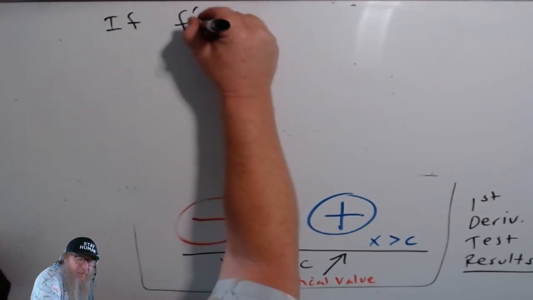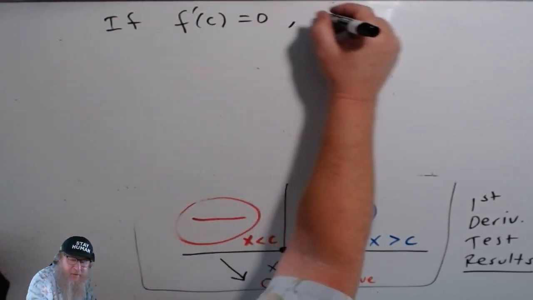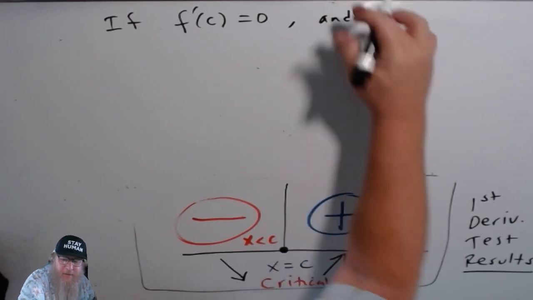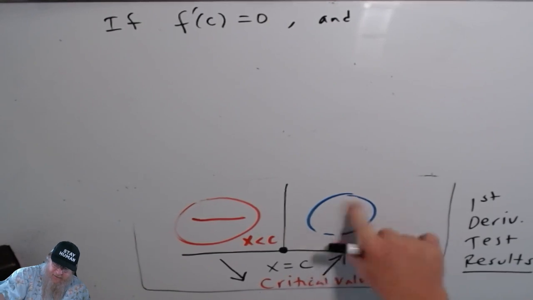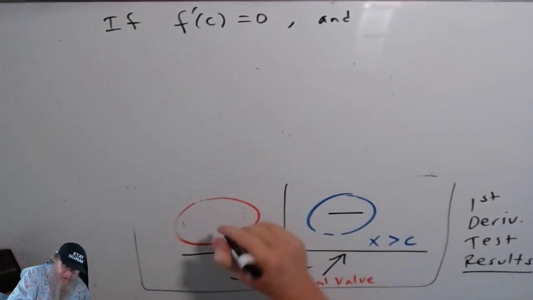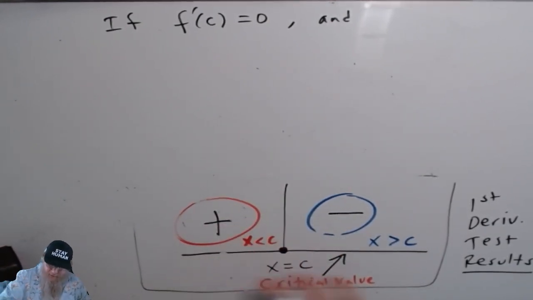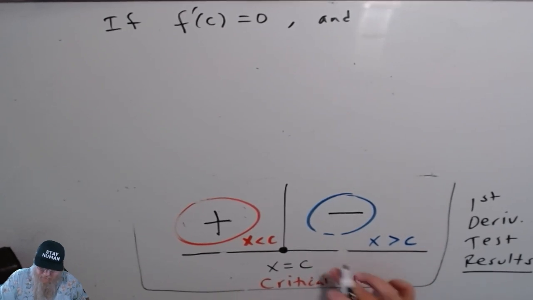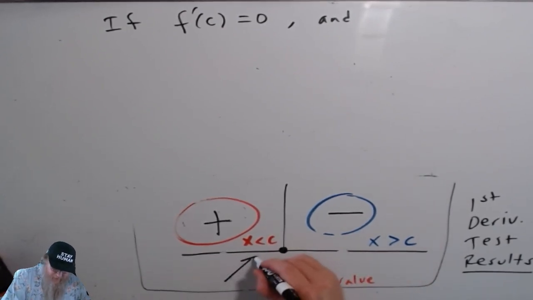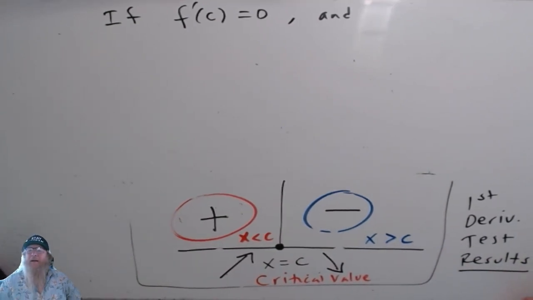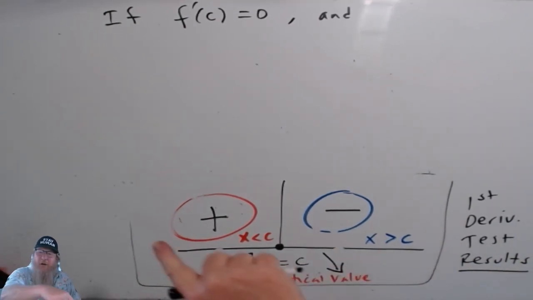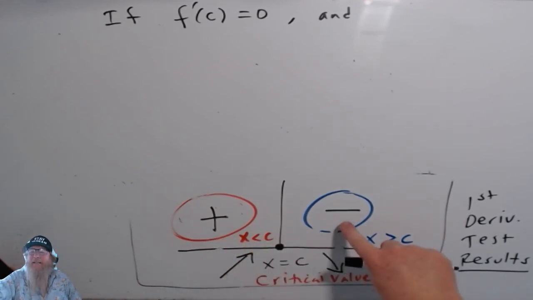If f prime of c is equal to 0, just switch these. Change this to negative. Change this to positive. So I actually don't recommend memorizing both of them. Just memorize one. If it goes from negative to positive, then that means it's a min.